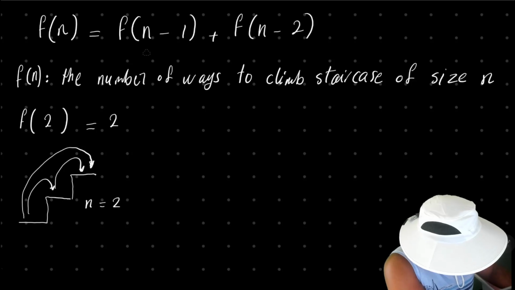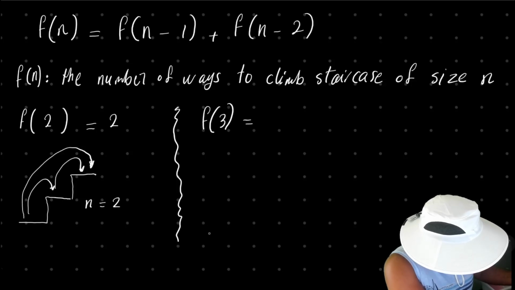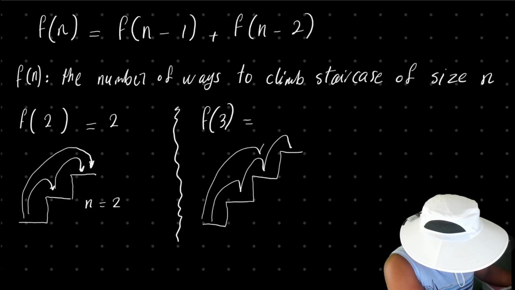And then we also discussed in the previous video, for example, f of 3. Well, if you have a staircase of 3 steps, 1, 2, 3, you can go 1, 1, 1. You can go 2 and then 1, or you can do 1 and then 2.